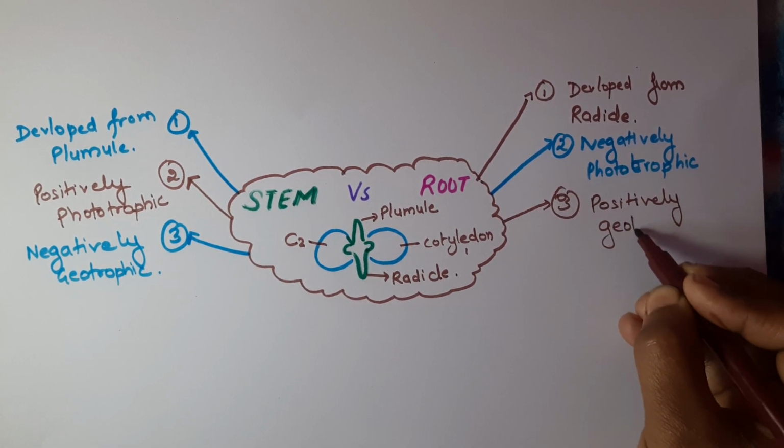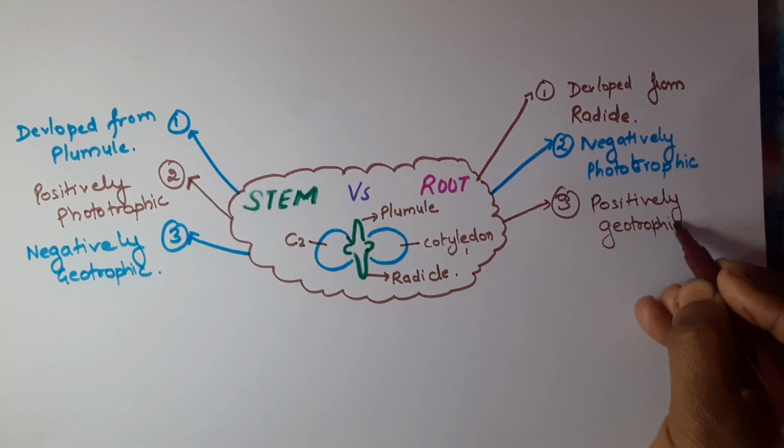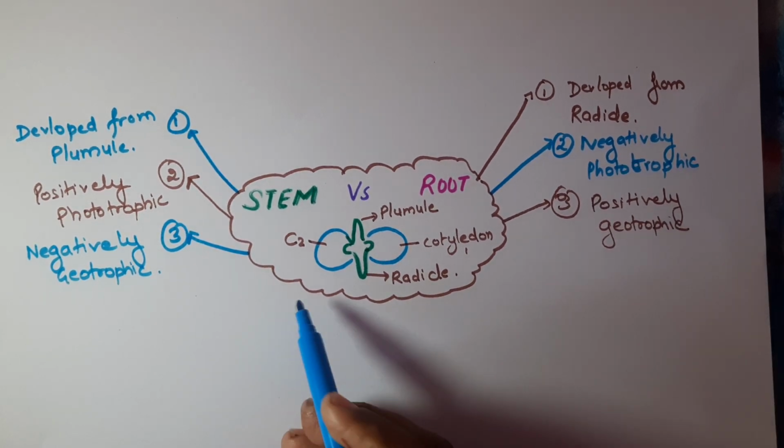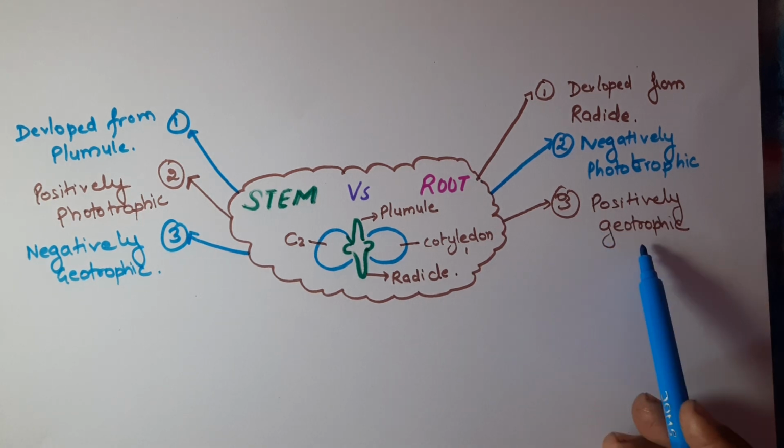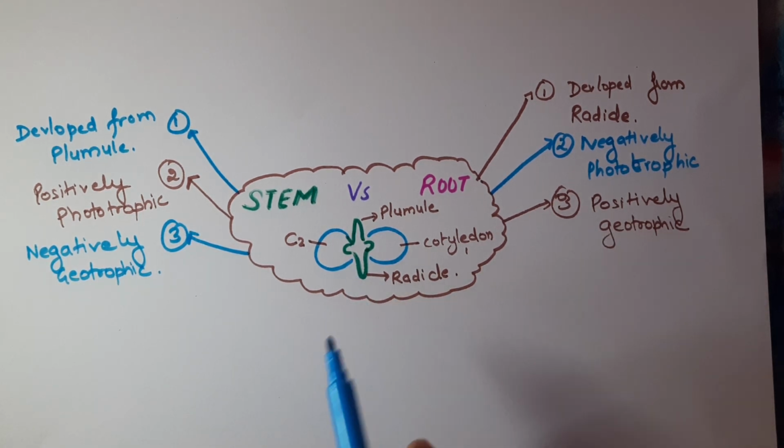What does it mean? It means that the stem is growing away from the soil. However, the root loves the soil and will grow in the direction of the soil. It will go deep inside the soil. So this is the third difference between the stem and the root.